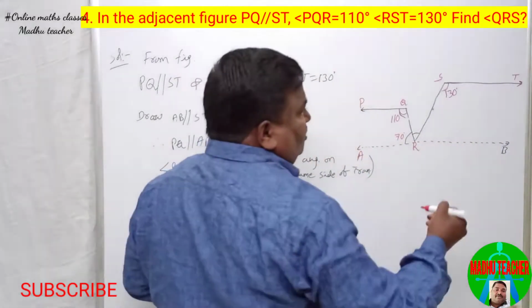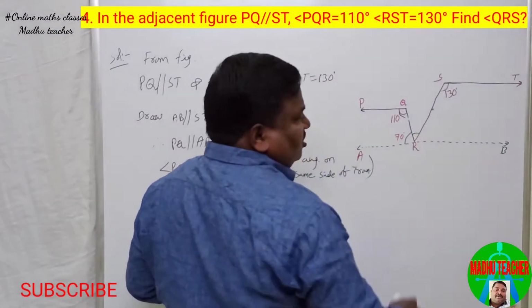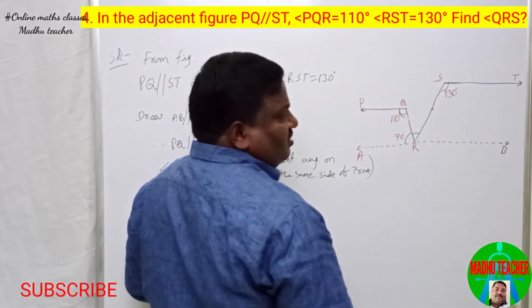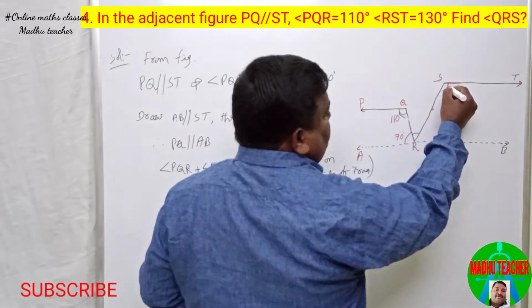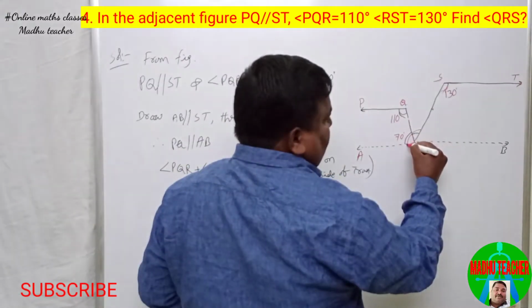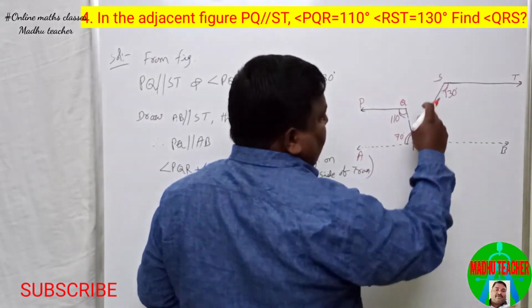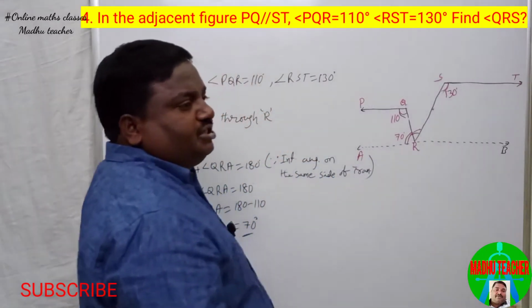Okay. So AB is parallel to ST, and SR is the transversal. Therefore, these two angles, this total angle ARS and angle RST, are alternate interior angles.